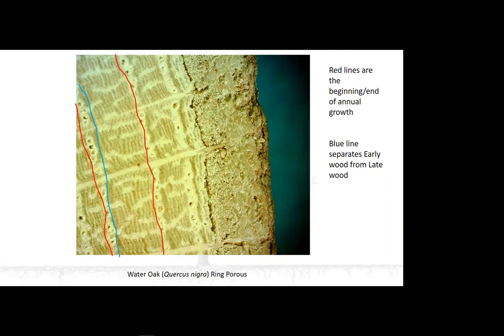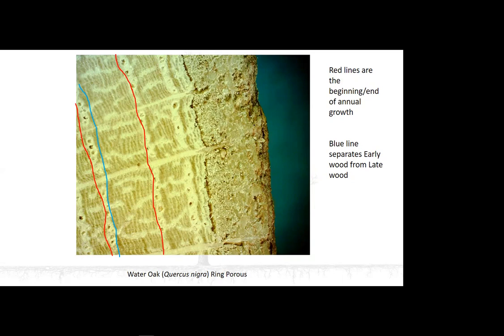This is a very dense, tough tissue, and the tree puts that in place to try and keep decay from penetrating further into the tree. So as we look at this, the space between the two red lines is a single year's growth, and then the blue line separates early wood from late wood. It's not that easy to see that separation.